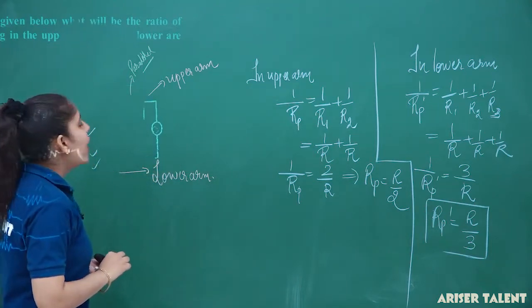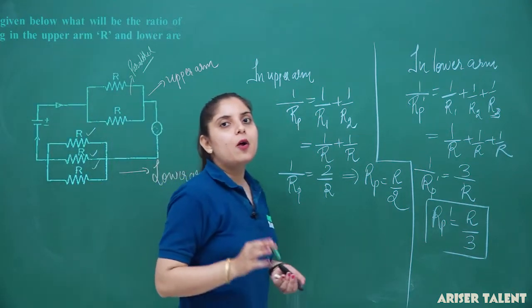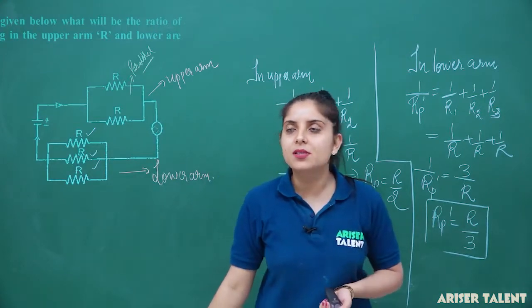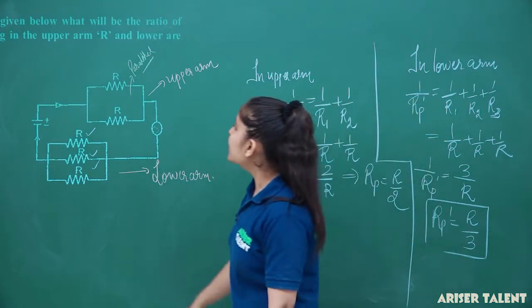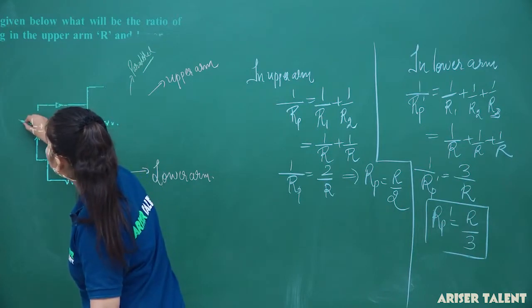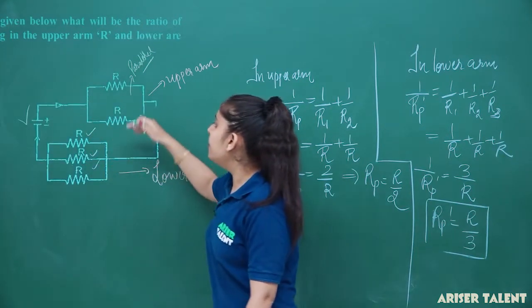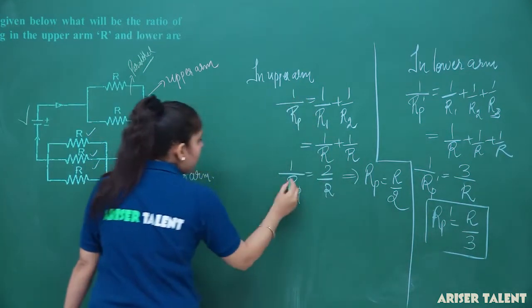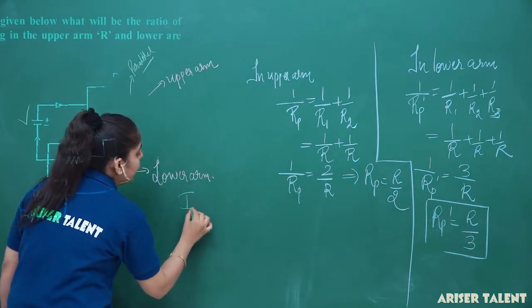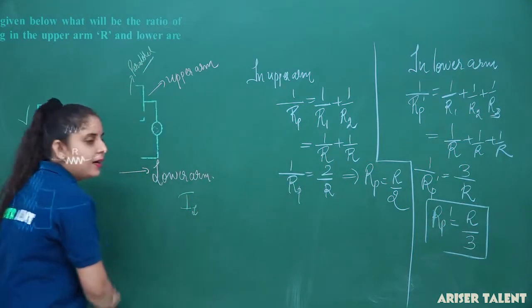Now, what you have to determine is the ratio of the current in both the arms. You can see that here the battery connected, plus minus, V will be the same to both the circuits. So, for the first arm, I am calculating the current.